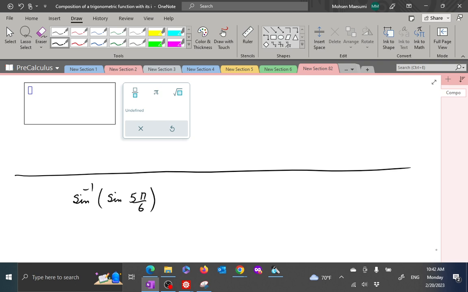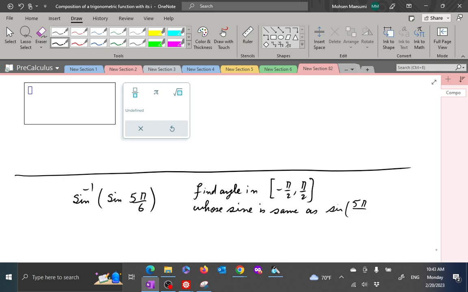So again, the question is to find an angle in minus pi over 2 to pi over 2 whose sine is the same as sine of 5 pi over 6.